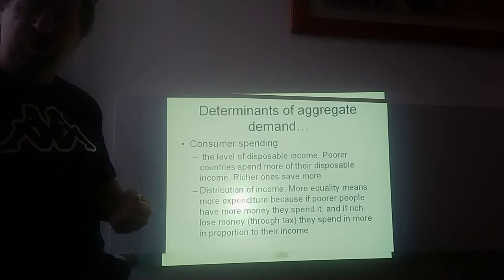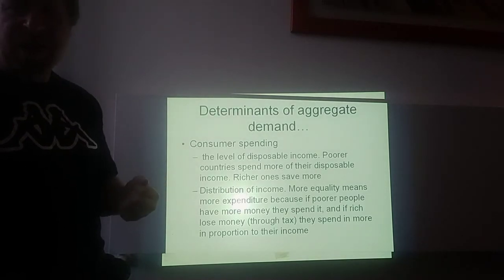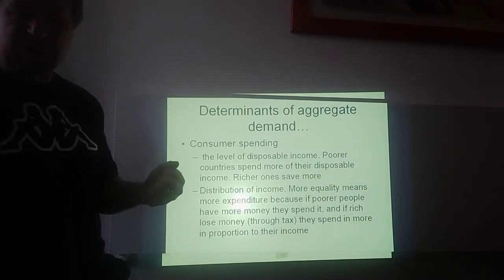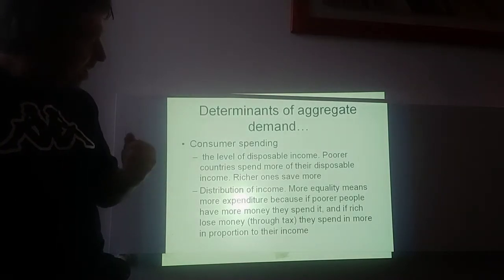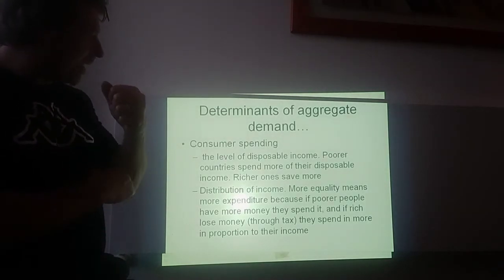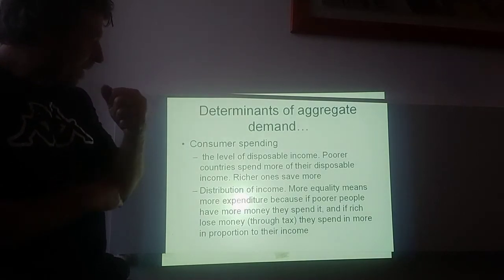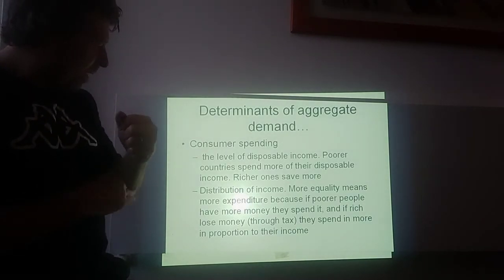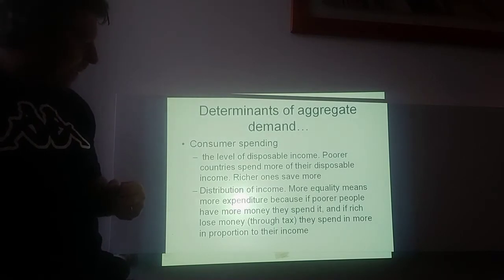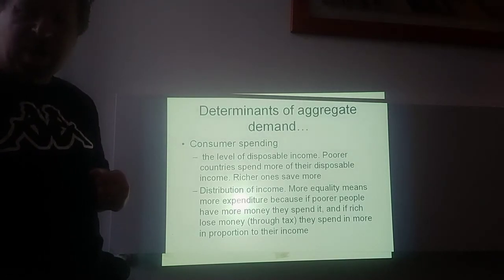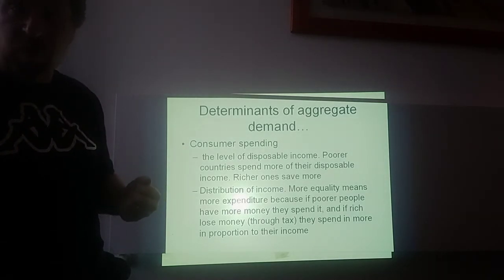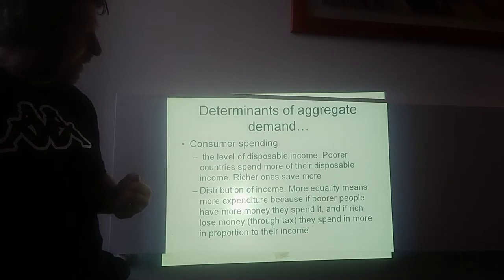Whereas in poorer countries you have lower disposable income, so higher aggregate demand in comparison to income. If disposable income rises, that doesn't mean aggregate demand will rise. That may mean savings will rise instead.